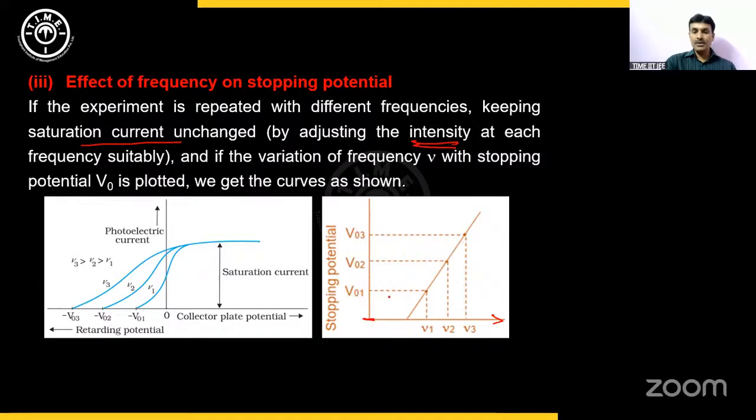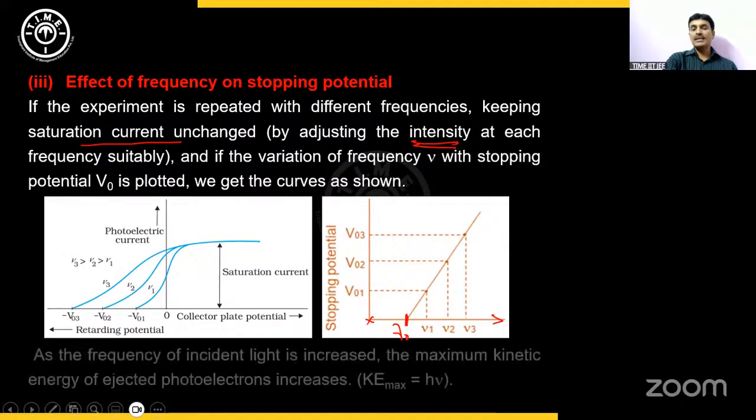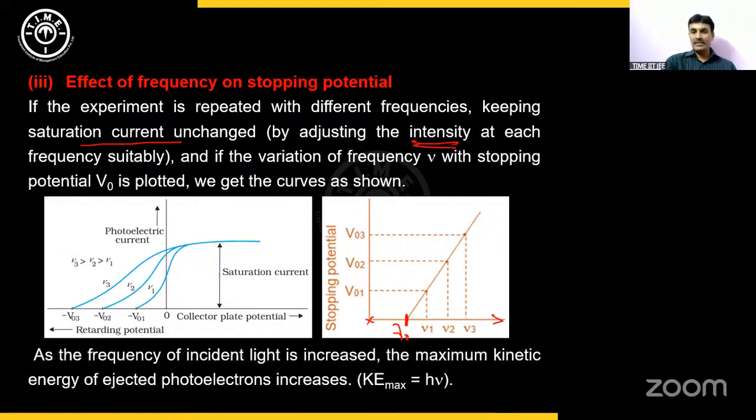Beyond this point on the negative side, there is no photoelectric emission taking place. The metal plate is not going to release any electrons, so no potential is required to stop them. Stopping potential becomes 0 for a certain frequency, nu naught, and that nu naught is known as the threshold frequency.